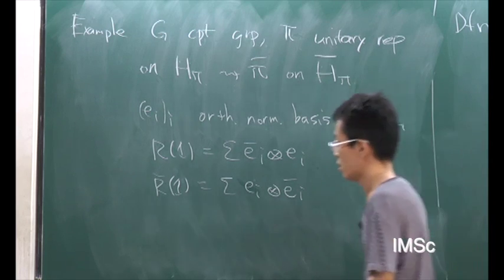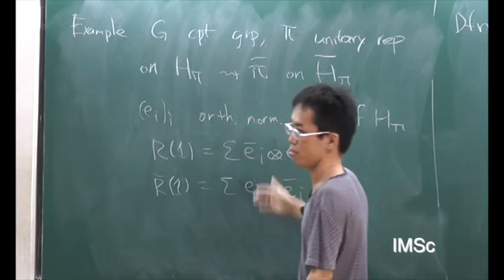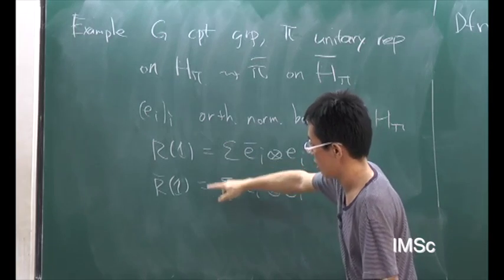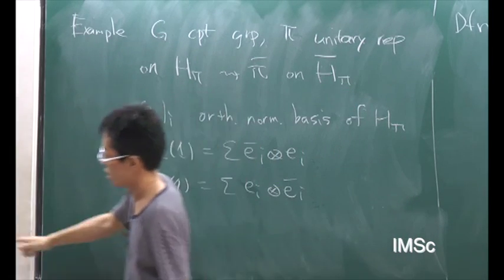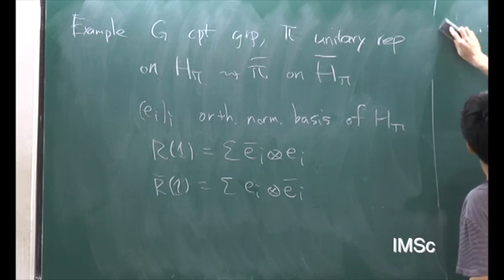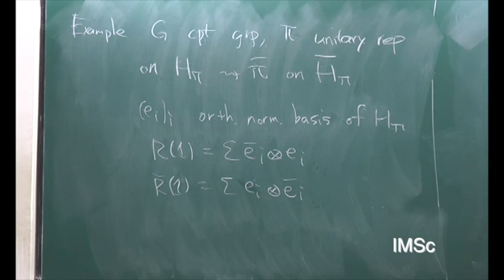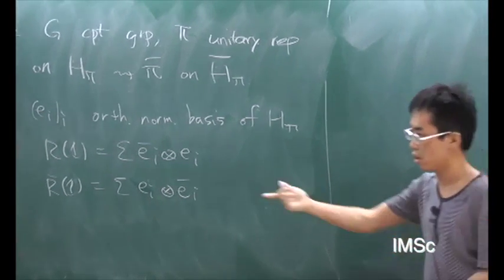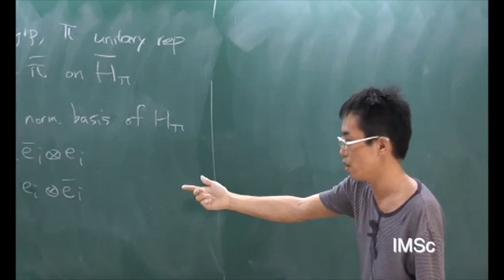Anyhow, this is the correct mental image to have. Once you know that R is this, you can check that this holds. So this equation is called the conjugate equation for x.